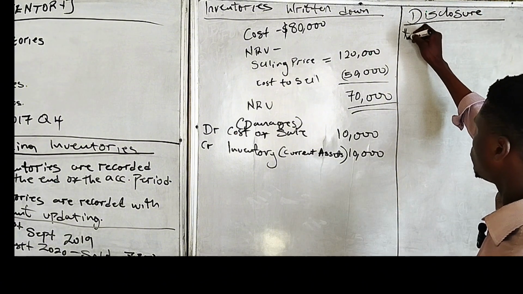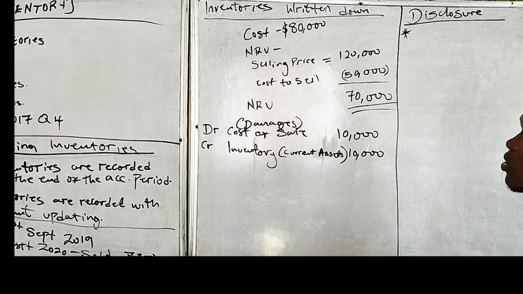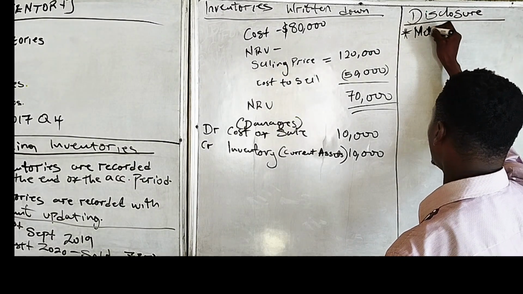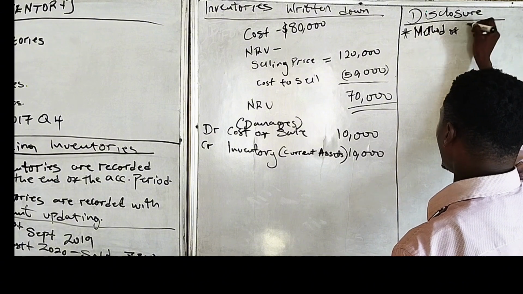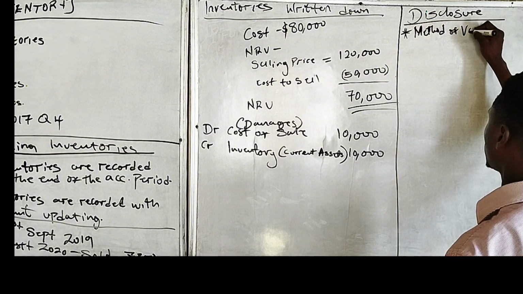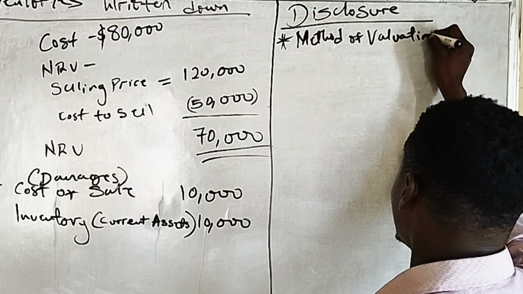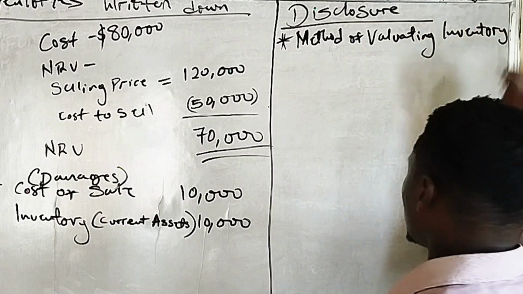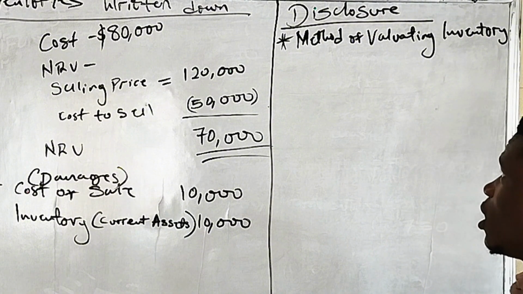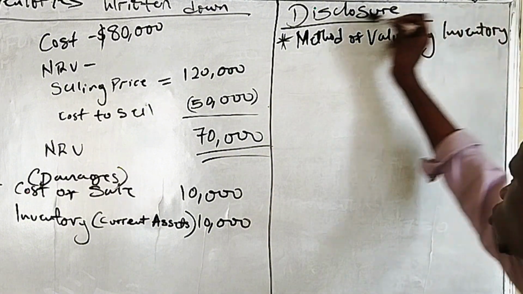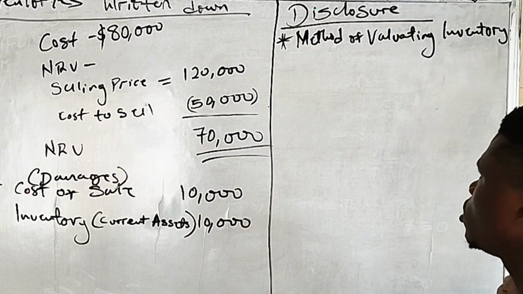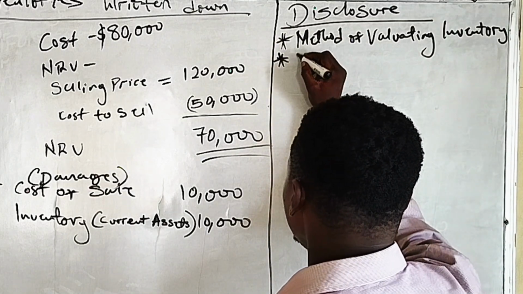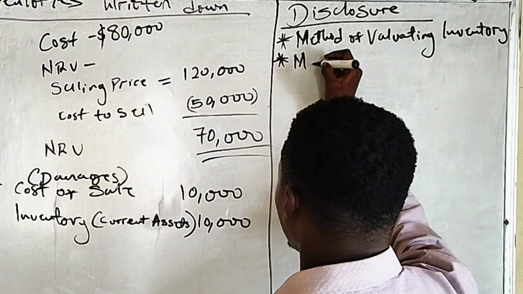One of the things which an entity must disclose in accordance with IAS 2 is your method of valuating inventory. You must state in your notes to the accounts the method you are using to value your inventory.